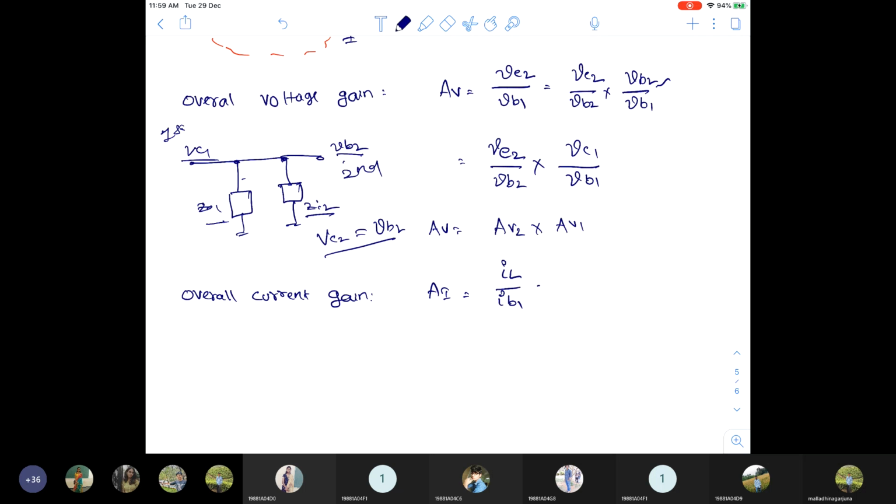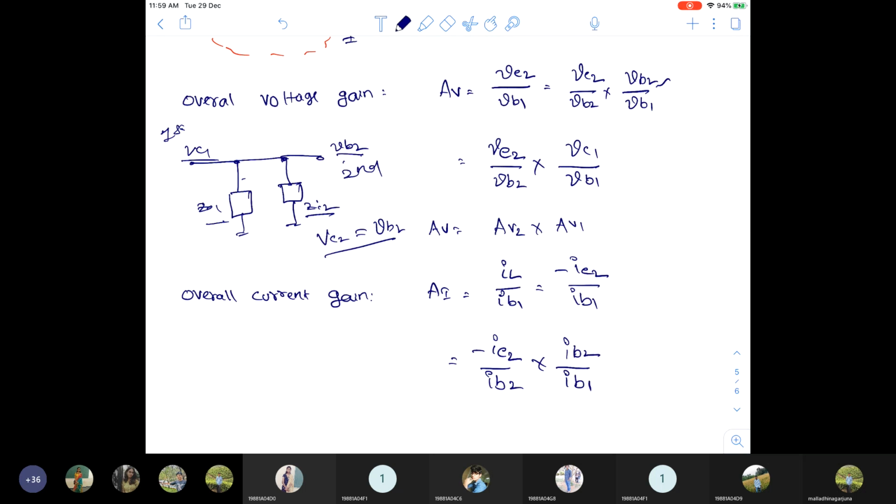IL I can write as minus IE2 by IB1, because the second stage output is the emitter terminal. I write it as minus IE2 by IB1 because both the currents will be in opposite direction. So minus IE2 by IB1, and I can split this equation like this.